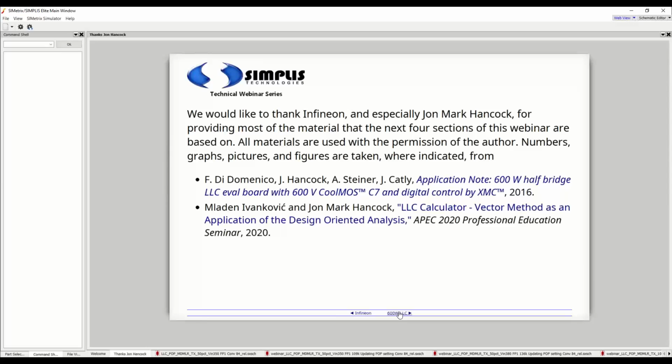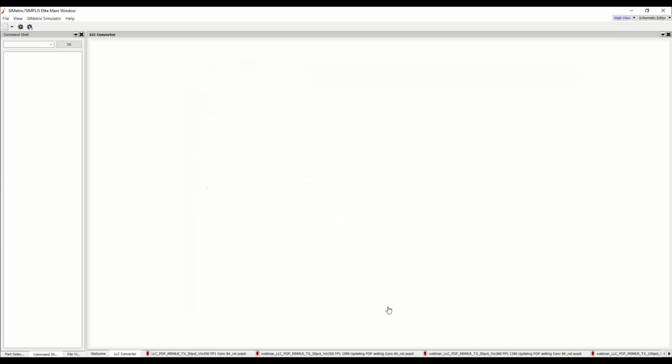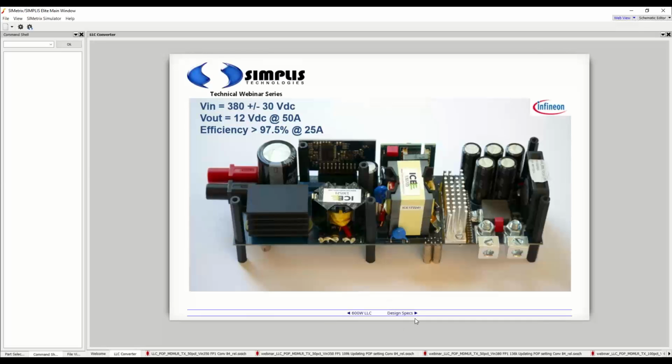So let's take a look at this converter. It's a nominal 380 volt input to 12 volt output, 50 amp at full load. So this is a picture of the Infineon demo board, which is designed in the app note. The process of arriving at that demo board is described in that app note.